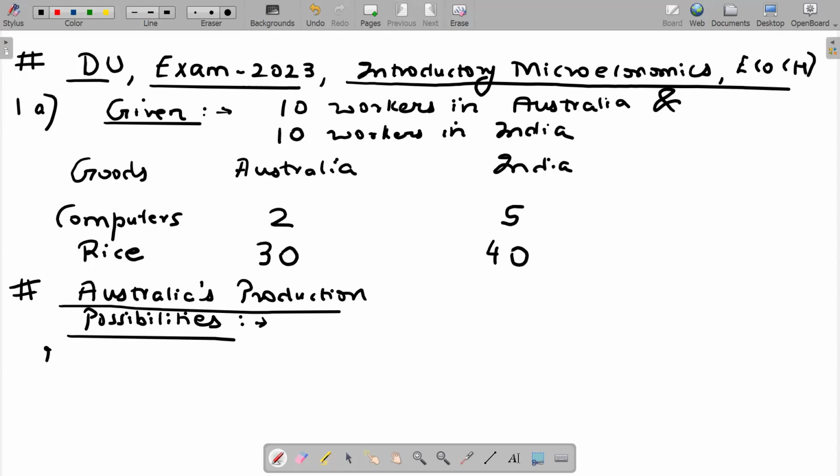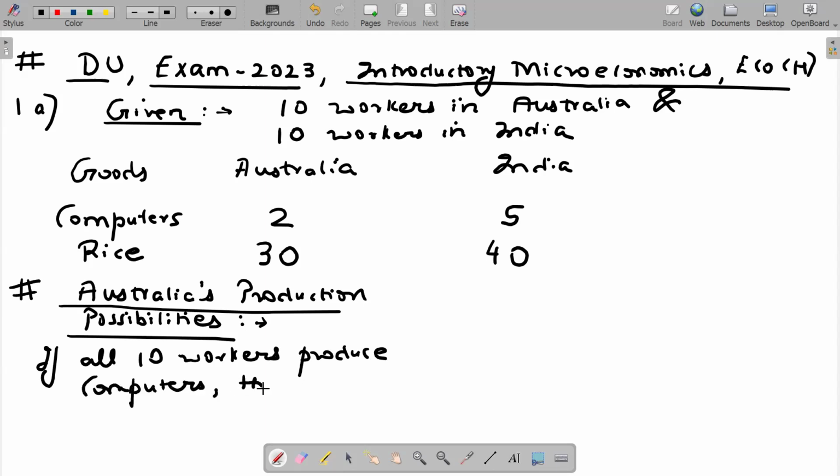If all the 10 workers produce computers, then how many computers will be produced in Australia? One laborer can produce 2 computers, so 10 workers can produce 20 computers. Then 20 computers will be produced in Australia.